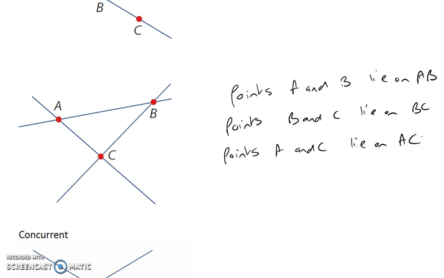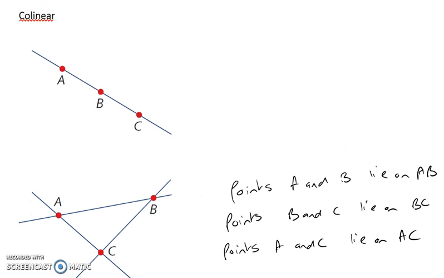So they don't all lie on the same line. So what would I say for the previous one? You could say points A, B, C all lie on the line AC. Could even be AB, it doesn't really matter in that case.